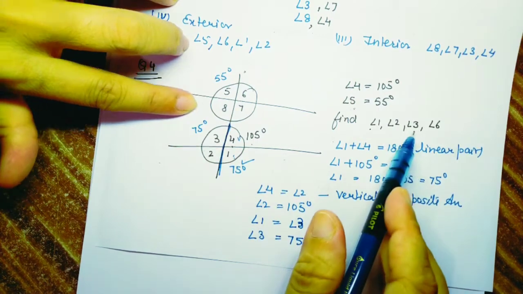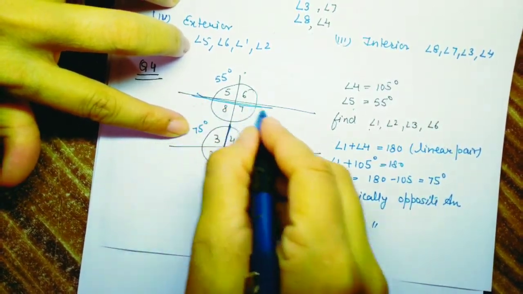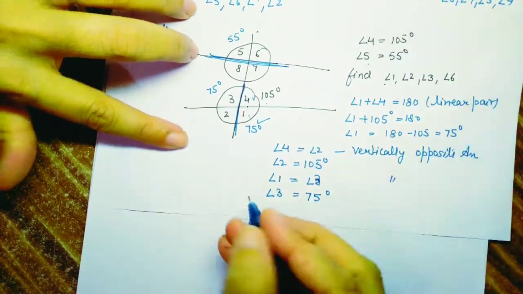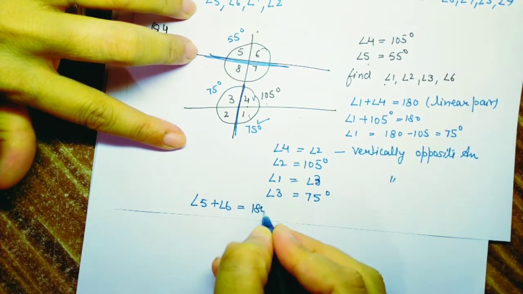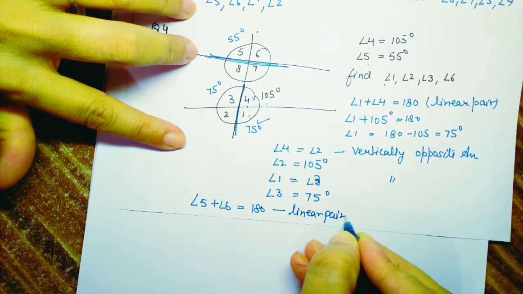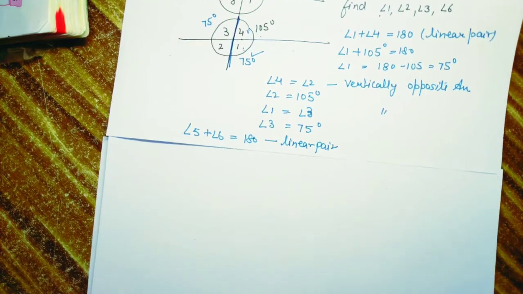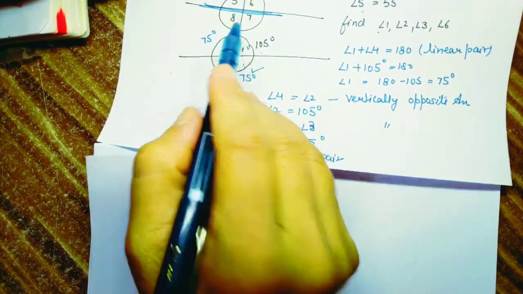Then they are asking angle 6. These students are a linear pair. So here we will write angle 5 plus angle 6 equals 180 degree. The reason: linear pair. And angle 5 is given 55 degree.